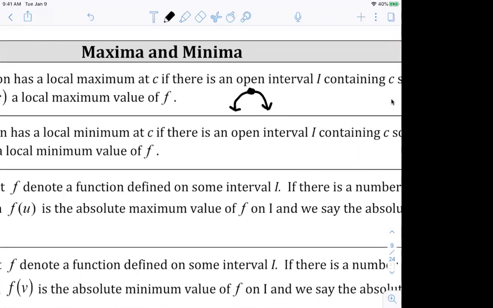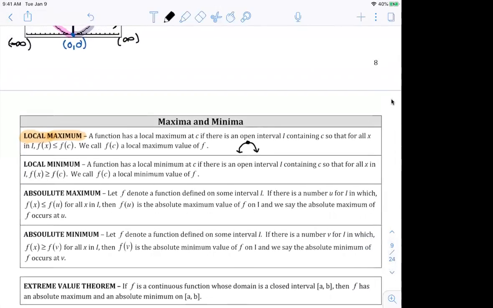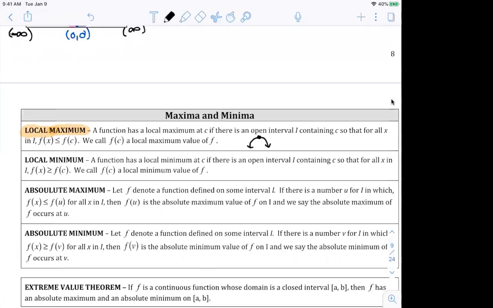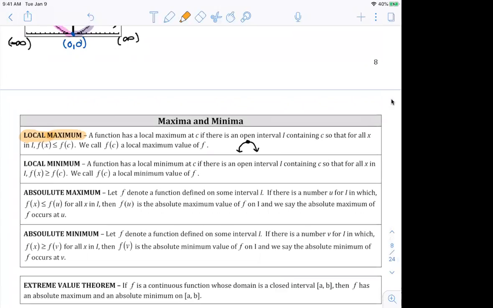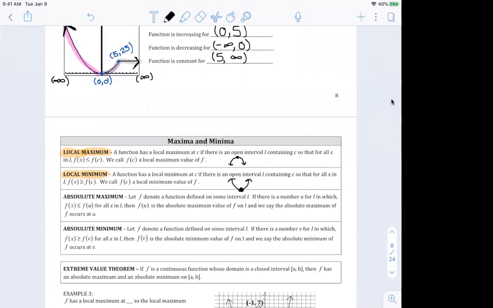Kind of like when you have an upside down U, it's going to be the top point of it. That is a maximum, okay? And then the local minimum is going to be over a certain interval, and that would look something like this, where there is a minimum value to it. There's a bottom to it. It doesn't go below it.